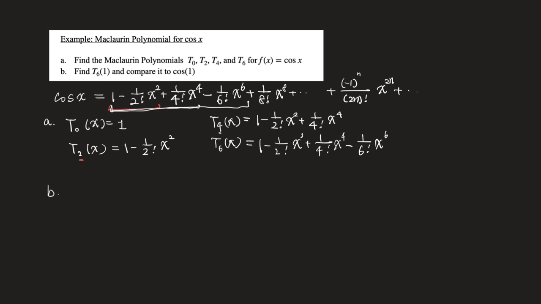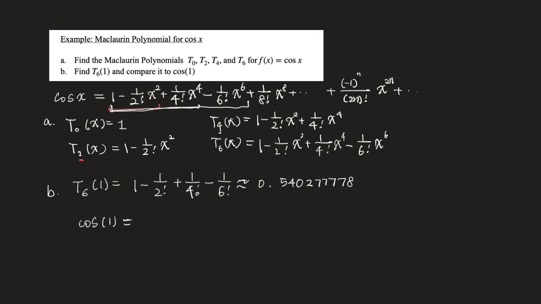Part B is we're going to approximate cosine 1, okay? Before you find cosine 1, let's use the Taylor polynomial T6 at 1. That's going to be 1 minus 1 over 2 factorial plus 1 over 4 factorial minus 1 over 6 factorial. If you use a calculator, you're going to see this value is 0.540277778. How about cosine 1?